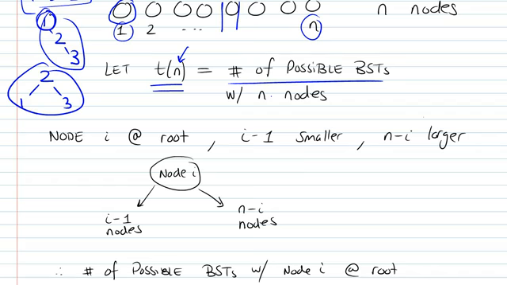Here we've assigned 1 as the root, and here we've assigned 2. And then we do this in a recursive fashion. So if we looked at node i here, we would have i minus 1 elements smaller and n minus i elements larger.